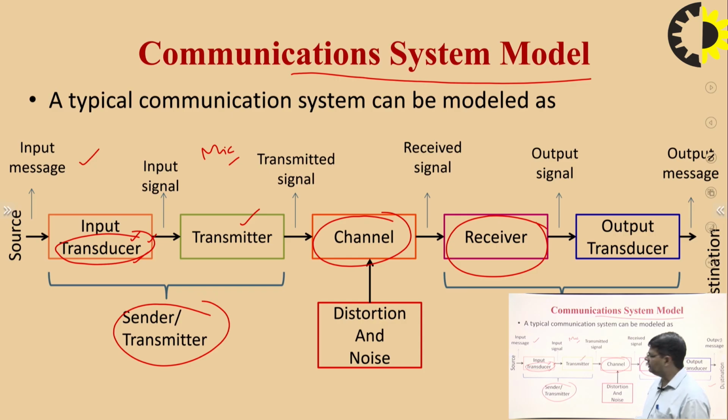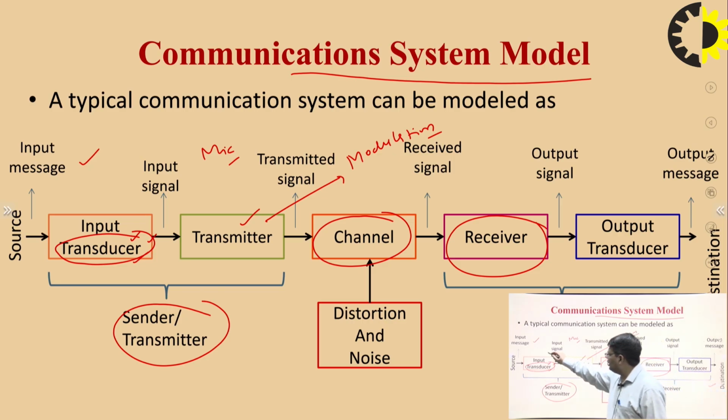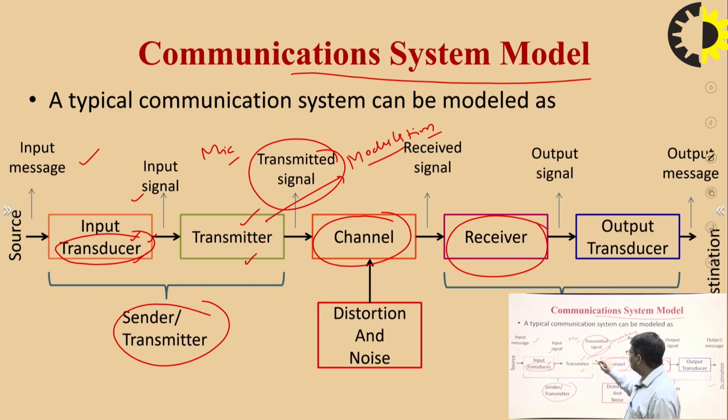In the transmitter, we use the most important process, known as modulation. In the transmitter section, we use the message signal and a carrier signal. After that, the modulation process is applied and the modulated signal is transmitted from the transmitter into the channel or media so that it can be easily transmitted through the channel.